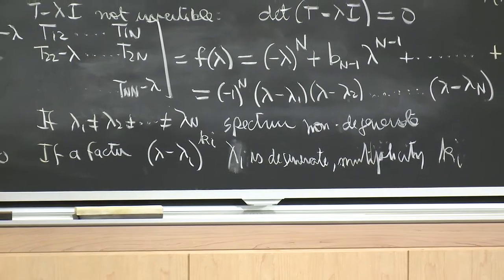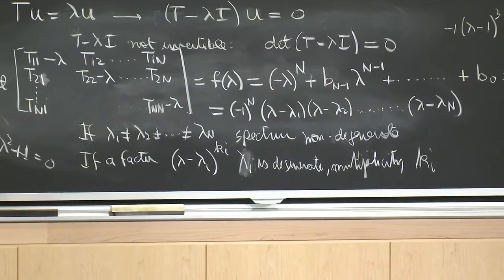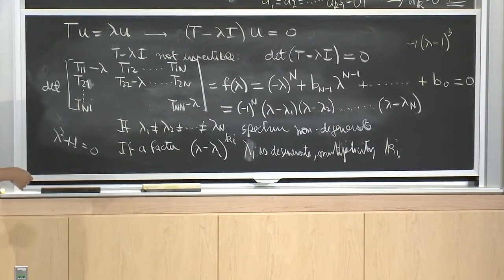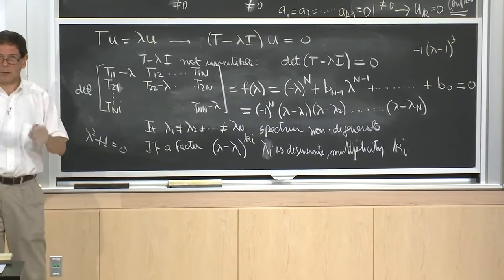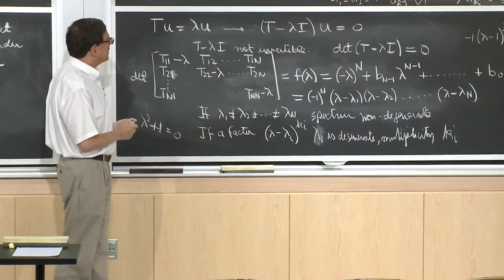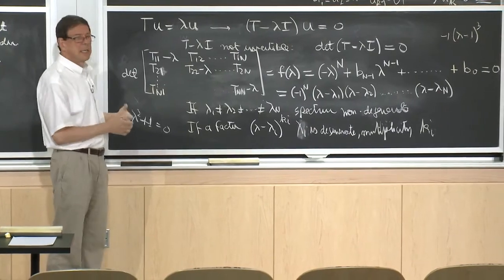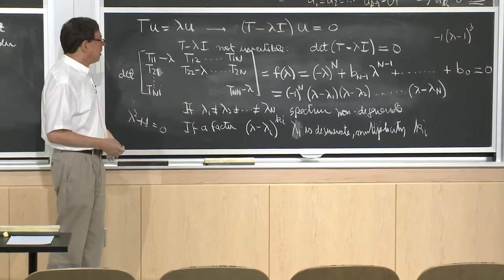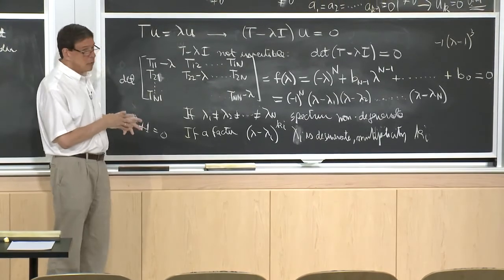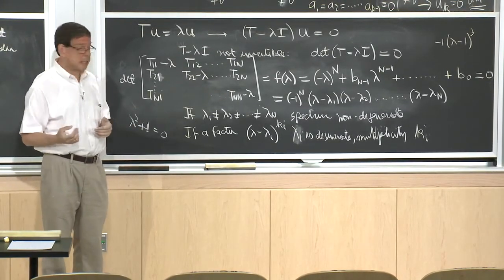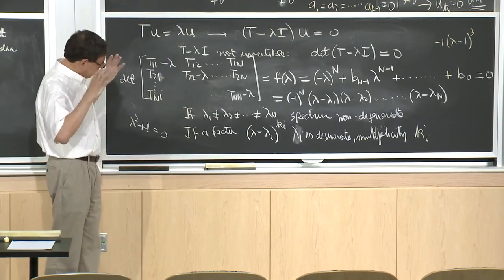Now, typically when you calculate things, the way it goes is that you try to calculate these eigenvalues first. This is generally the simplest thing to do, to solve this equation and find the eigenvalues. And then you say, well, how do I know that the eigenvectors exist? Then you say, don't worry.